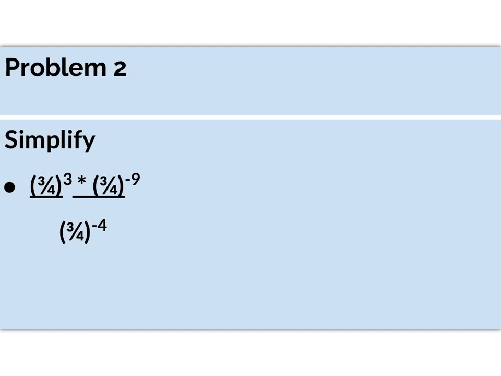And problem 2. So the base is 3/4. So I'll deal with the top separately from the bottom. So 3/4 to the 3 plus -9 gives us 3/4 to the -6 power over 3/4 to the -4 power.